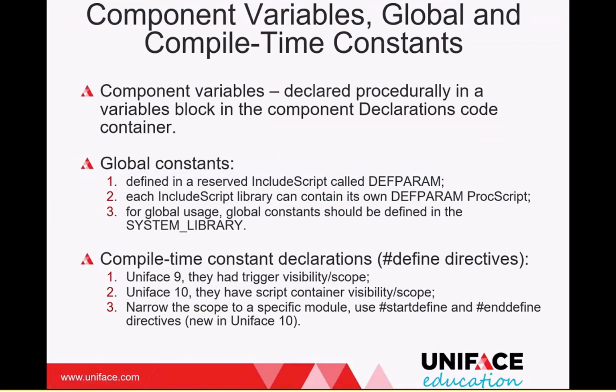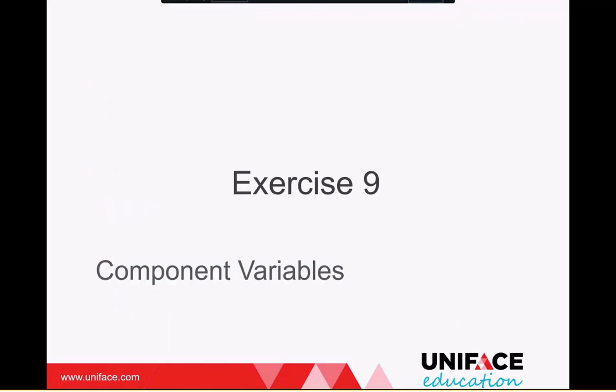And in the include script library, that will then become your global constants where those libraries are used. Just like previous versions, if you want that to be global across the entire application, then you can just put it into system library, which by default is used by everything.